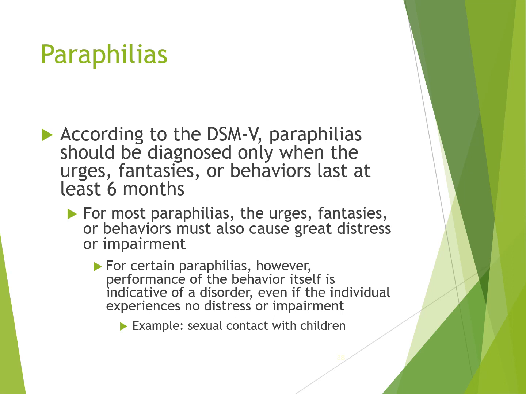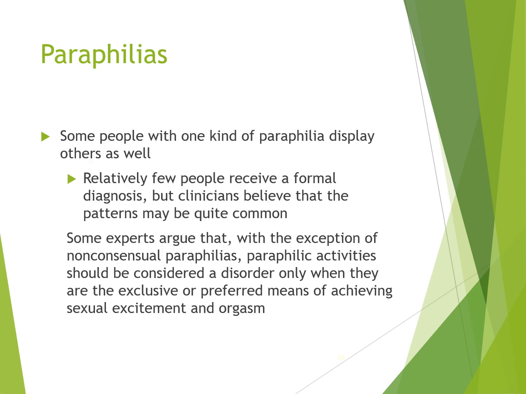If a person experiences this over 6 months, this kind of behavior of having sex with non-humans or children or non-consenting adults or objects, then they would actually qualify for a certain paraphilia. So we want to look at some of them.